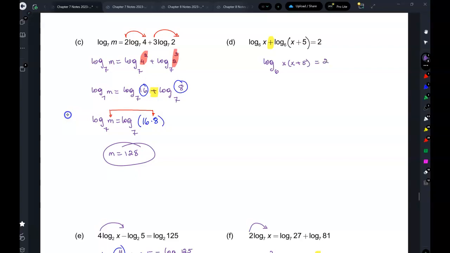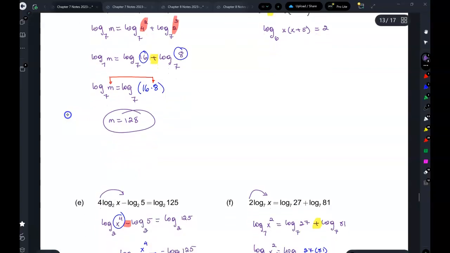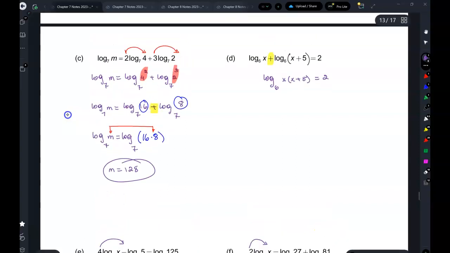Okay, this is an odd one out from all the other problems. In what way? This does not have an equal to another logarithm. Remember, all of these other ones, we got to a point where you have log equal log. This is a different one. You have a log equal to a number.